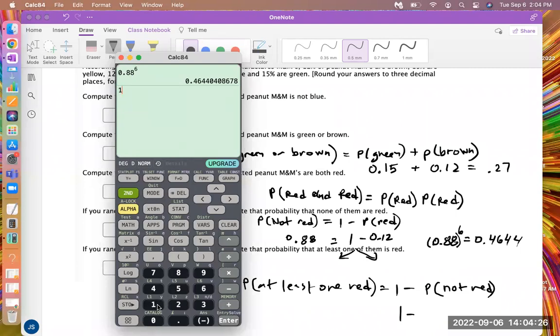Now I do 1 minus, and if you press the minus sign here, it takes the previous answer and inputs every single decimal place so that I don't have to re-enter it. So 1 minus the answer and enter. So that's 0.5355. So the probability that at least one of them is red is 0.5355.